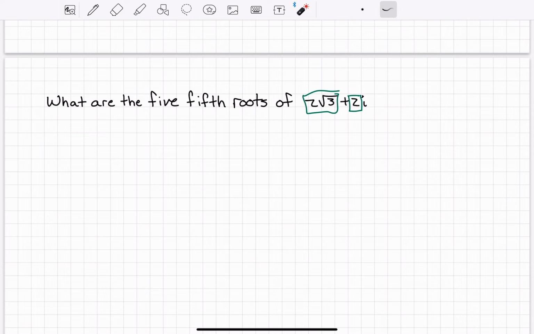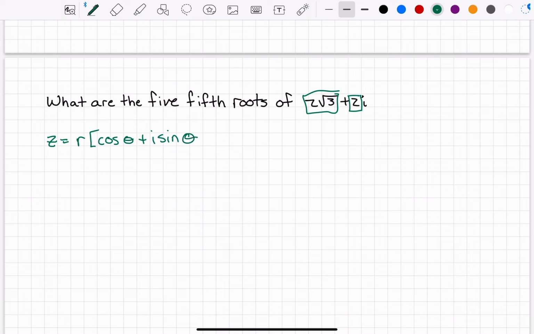But the way that we're going to convert this really quickly as a reminder is we're going to be looking for that r. Just as a reminder, the standard polar form for a complex number is z equals r times cosine theta plus i sine theta. So all we need is that r and that theta.